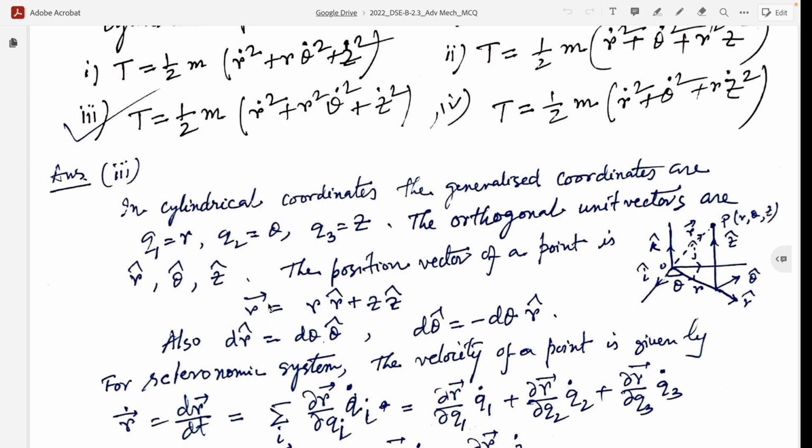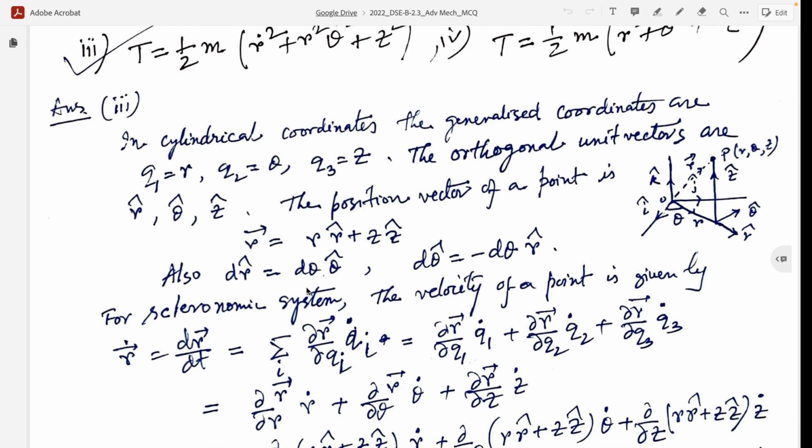Obviously this r vector is the vector OP, equal to r into r cap plus z into z cap.